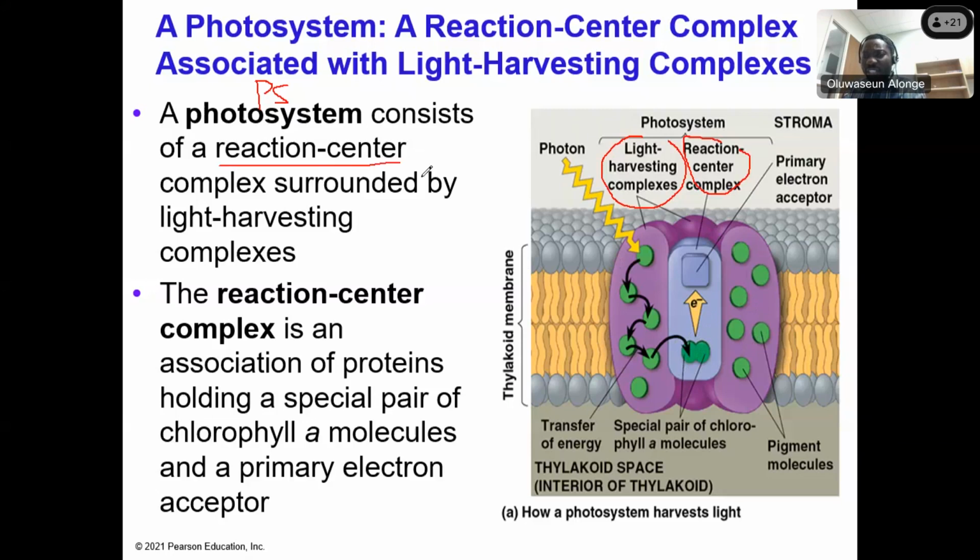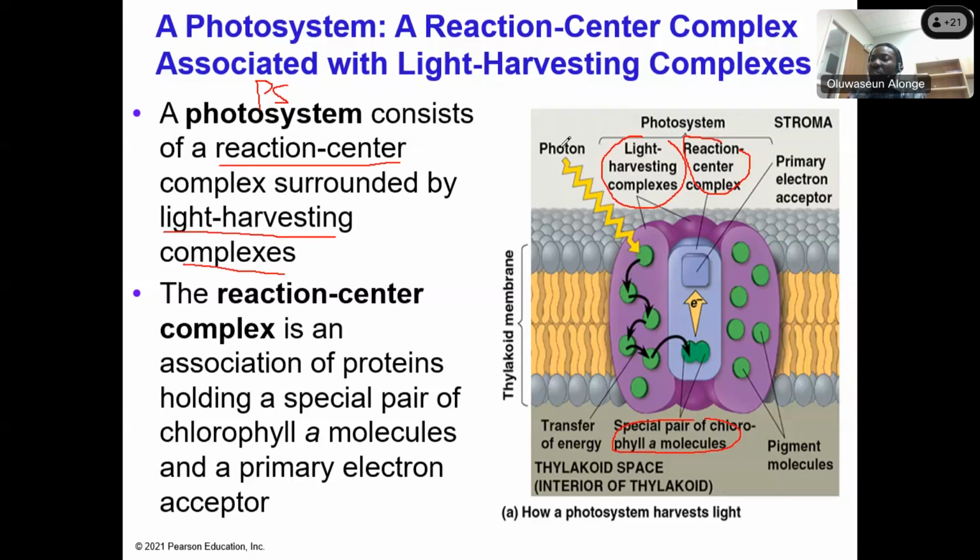At the reaction center, what you see is the chlorophyll A itself, surrounded by light harvesting complexes. Some textbooks call them antenna molecules, as though they are the ones with the antenna that receives sunlight.